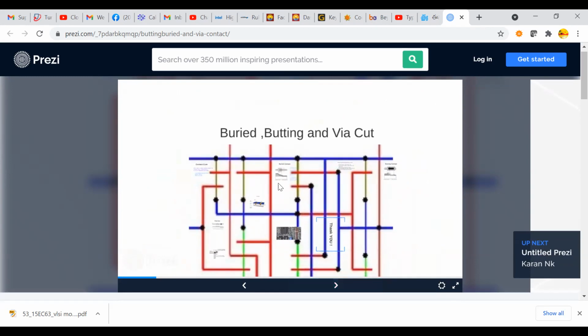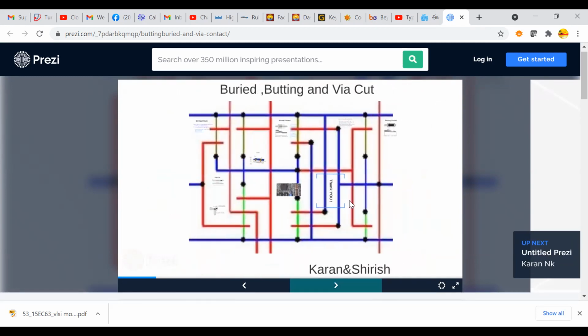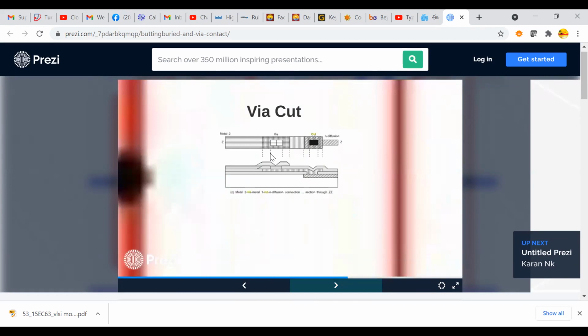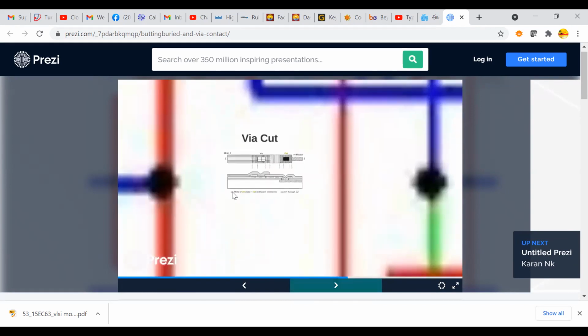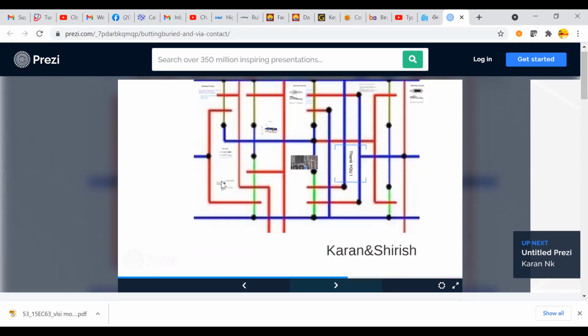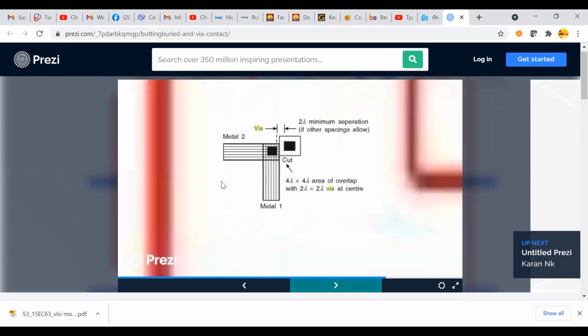Blue lines are metals, red lines are polysilicon, green are the N diffusions and yellow are the P diffusions. This is a CMOS circuit. So now see this, wire is to join the 2 metals. Okay, this is wire and this is also wire.